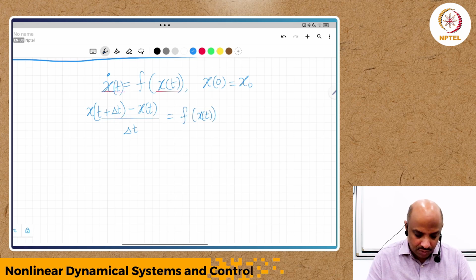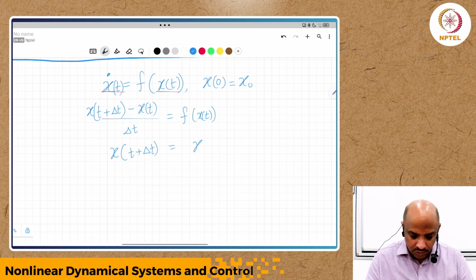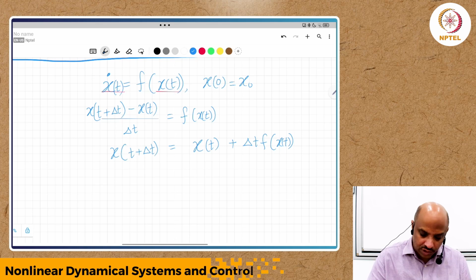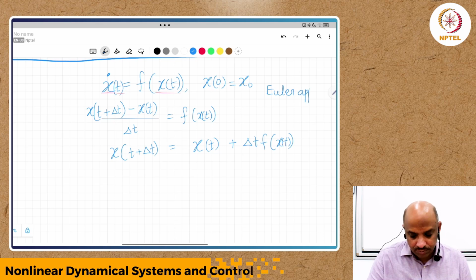By rearranging, we essentially get something like this. So x of t plus delta t is x of t plus delta t times f evaluated at x of t, right? And this is the so-called Euler approximation of derivatives.